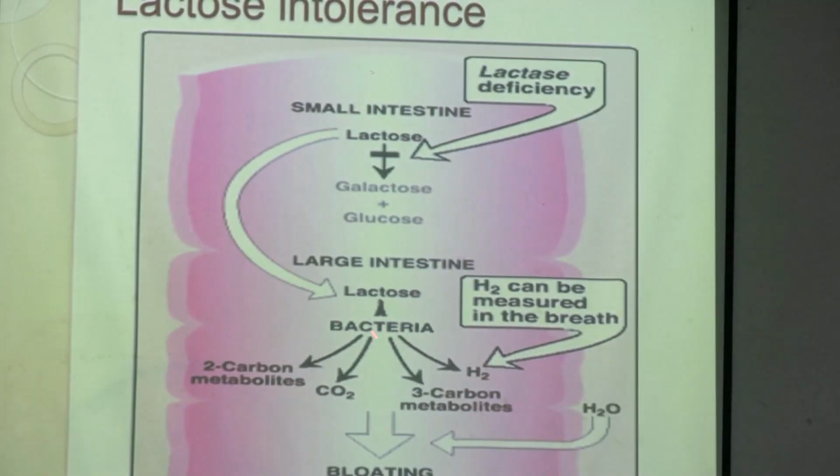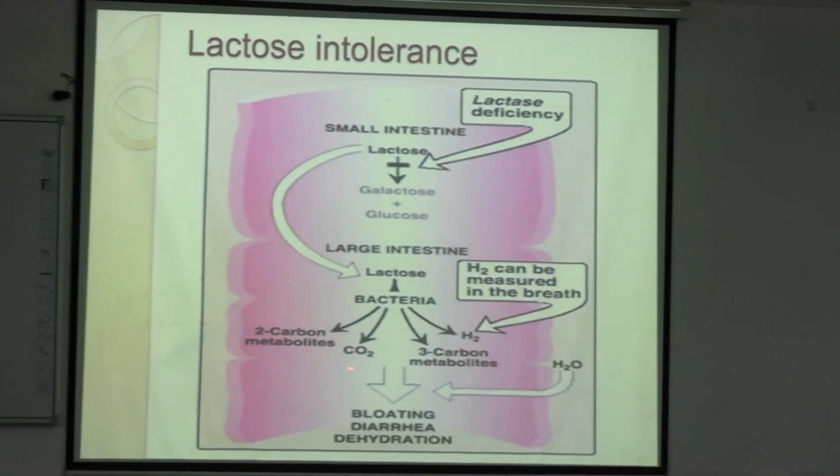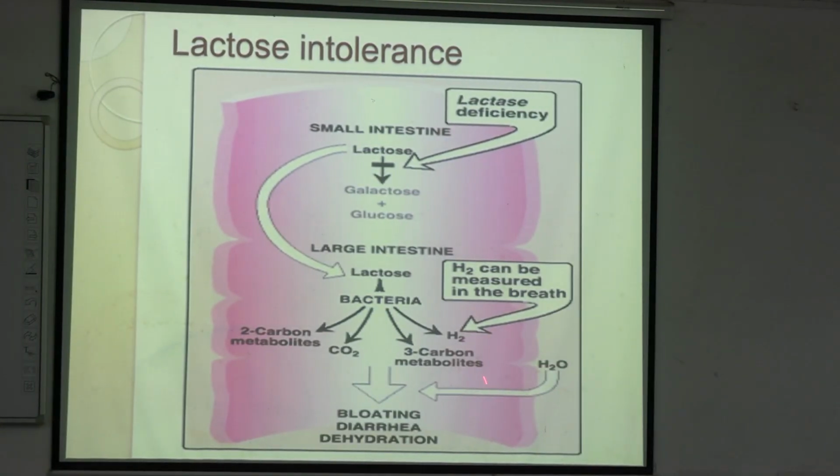Lactase deficiency will lead to accumulation of lactose in the large intestine. That will lead to bacterial intervention and formation of 2-carbon, 3-carbon moieties and carbon dioxide and hydrogen. This will lead to bloating, diarrhea and dehydration. Okay, so this is lactose intolerance.